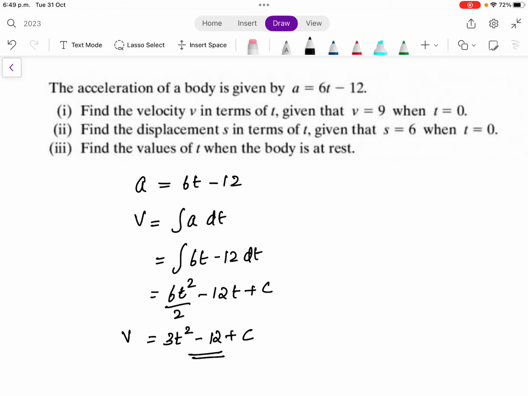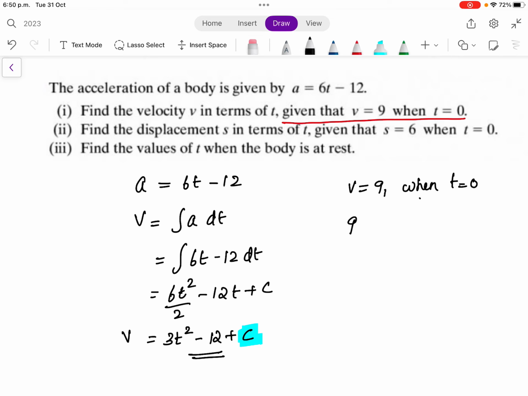But c is a constant which we introduce when doing the integration, so you cannot leave this question like this. That is why part 2 will help you find the value. In part 2, they are saying v is equal to 9 when t is equal to 0. You can just sub in these values and you will get the value of the constant c.